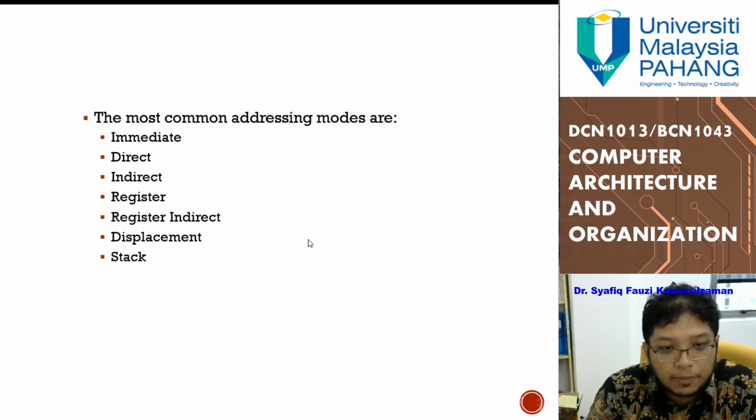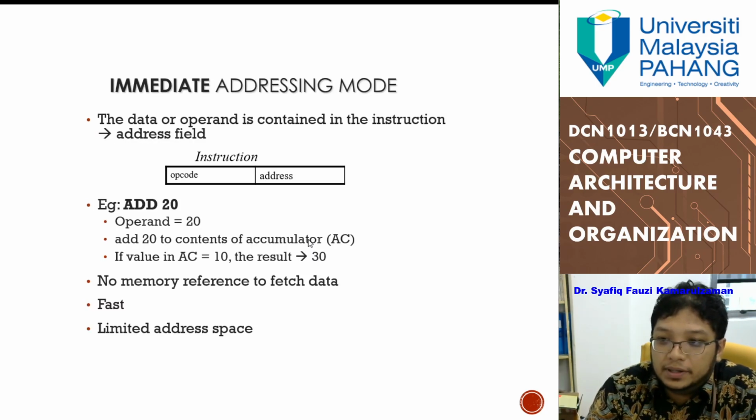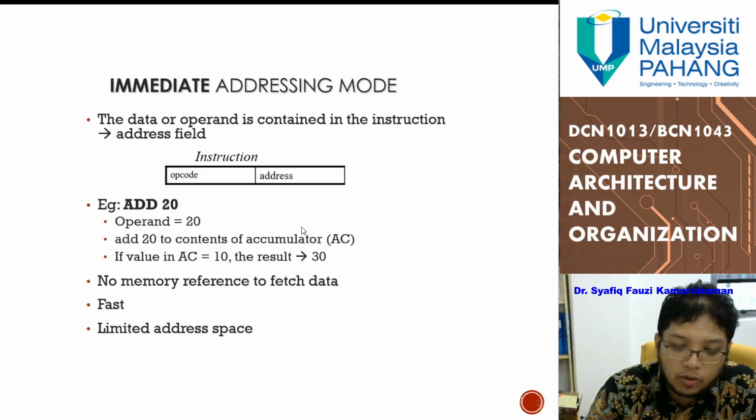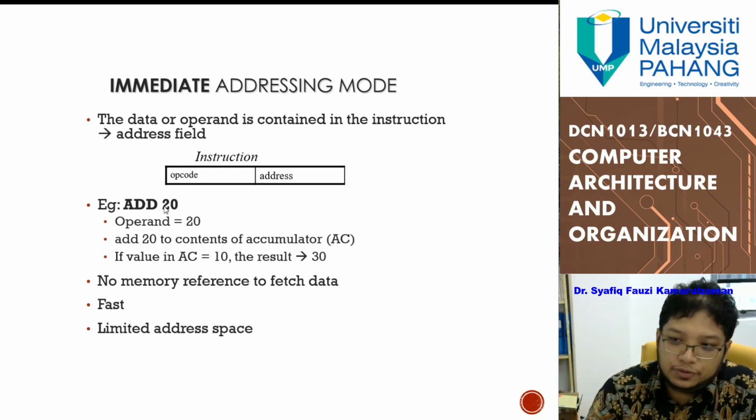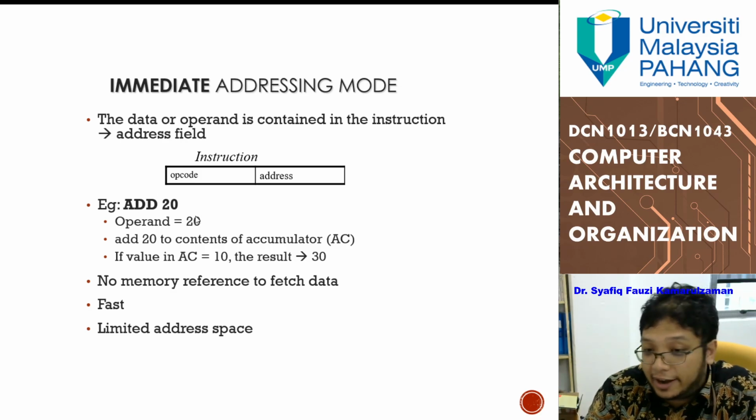So let's take a look at some of them. For example, immediate addressing mode only occurs when you have an opcode with immediate values. It's not an address basically, it's an immediate value. The operand here is 20, in the case of ADD 20. It is not the address of any memory location inside your PC.